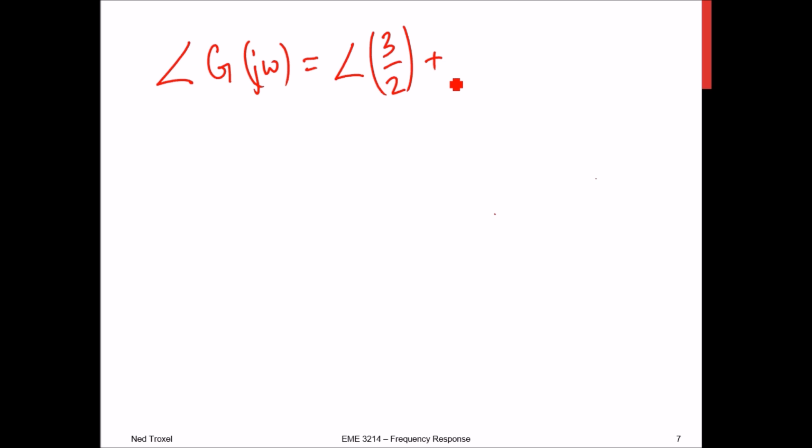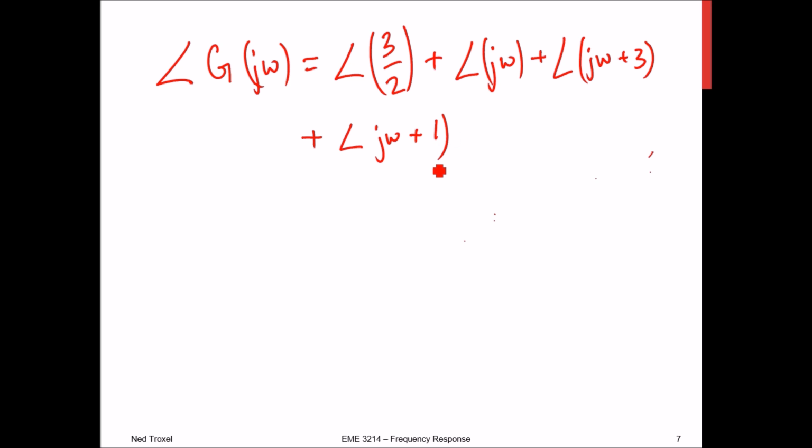Keep that in mind. Plus the angle of that s on top, which will be a j omega. Plus the angle of j omega plus 3. Plus I've got one more zero, the angle of j omega plus 1. So much for the zeros.